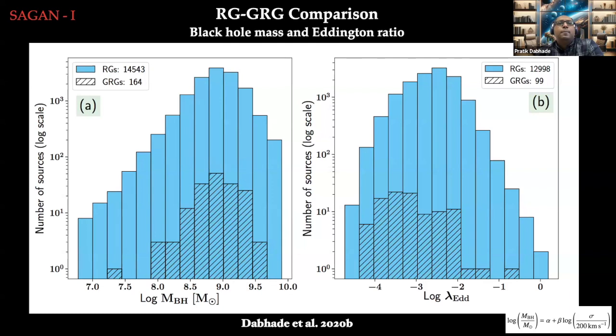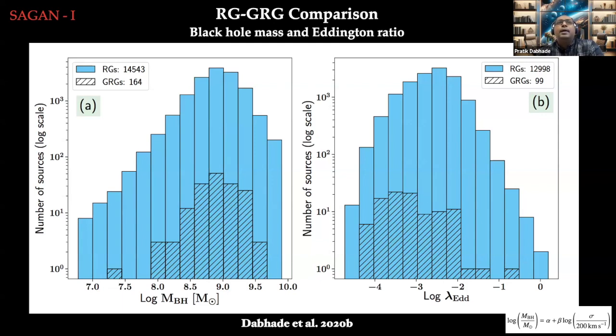We computed the black hole mass using the M-sigma relation, which is not the super accurate way, but it is still an estimate of the black hole mass. We not only did it for giants, but we also made a sample of normal-sized radio galaxies to see if the properties differ.